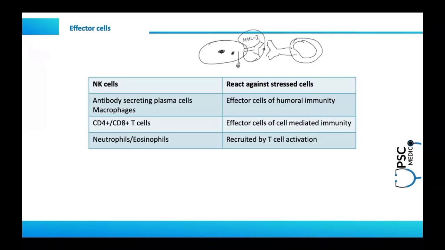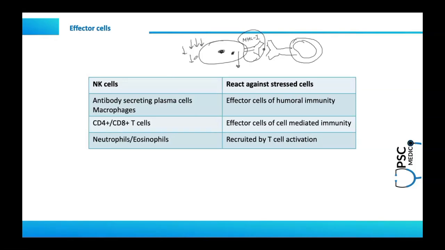So what do most of the viruses do? They downregulate the expression of MHC on the cell surface. So the virus, for it to survive, downregulates MHC1. It won't allow MHC1 to reach the surface of the cell and present the antigen.